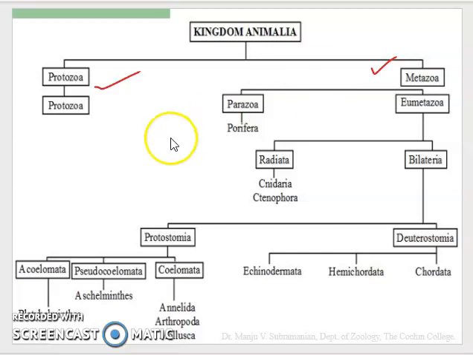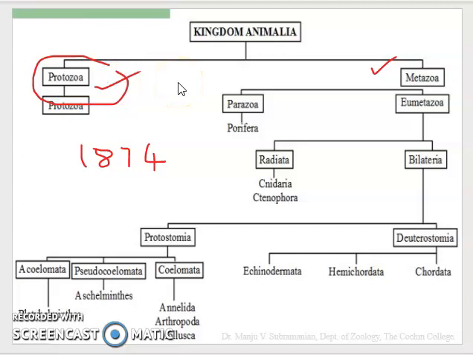Then in the year 1874, Ernst Haeckel divided the animal kingdom into the multicellular Metazoa, which is now synonymously called Animalia, and the Protozoa, the single-celled organisms no longer considered as animals.